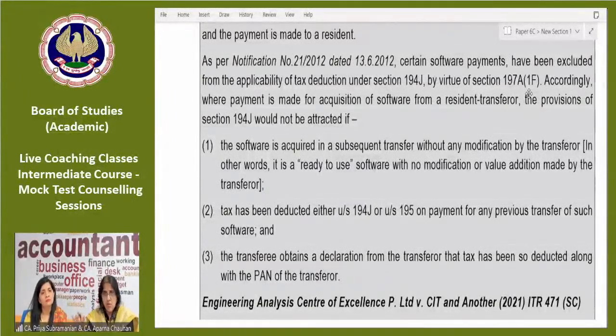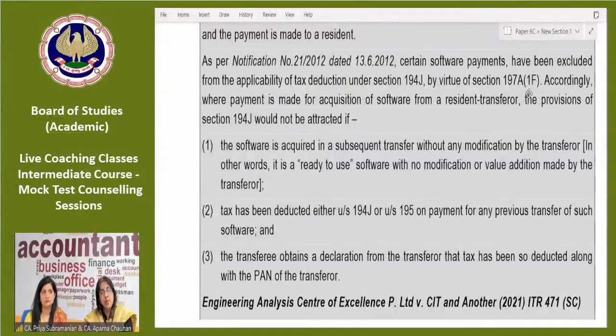It's a ready-to-use software, suppose I purchased. Tax has already been deducted in the earlier transaction, under 194J or 195. And the transferee obtains a declaration from the transferor that the tax has been so deducted. In such a case, tax may not be deducted under 194J.